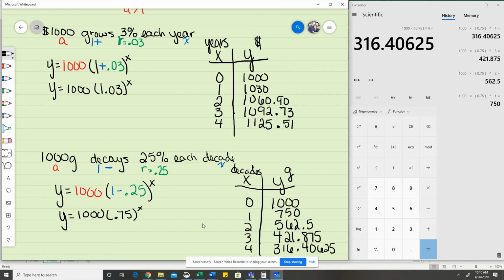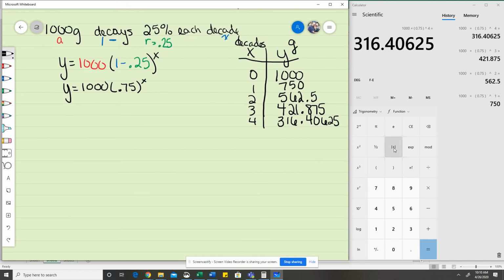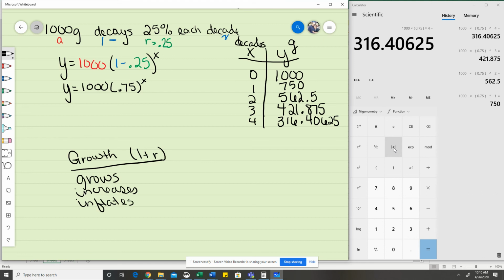Now, there are some words you want to look for. So think about if it's a growth, if you're going to do the 1 plus your rate, you're looking for words like grows, increases, inflates, anything that indicates that it's getting bigger.